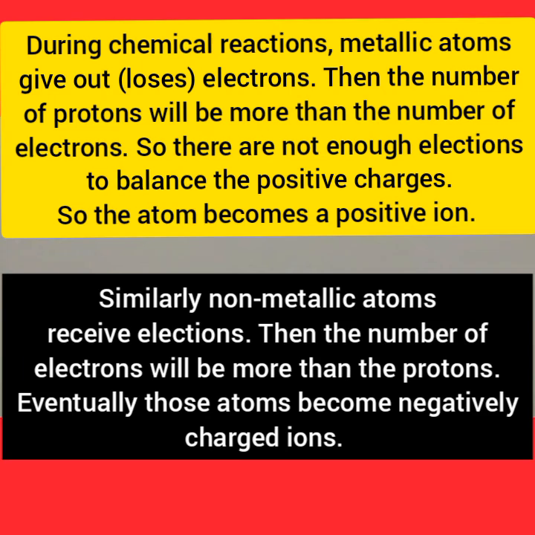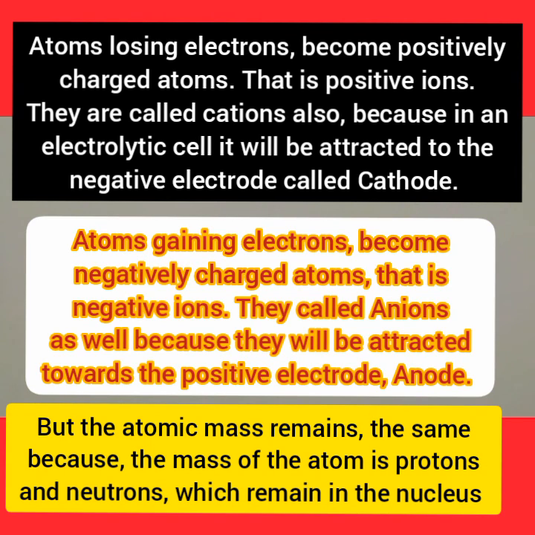In the same way, sometimes an atom may throw away or lose electrons to take part in chemical reactions. In that case, what happens? The number of electrons is now less and the number of protons is more. Ultimately, it will become positively charged.